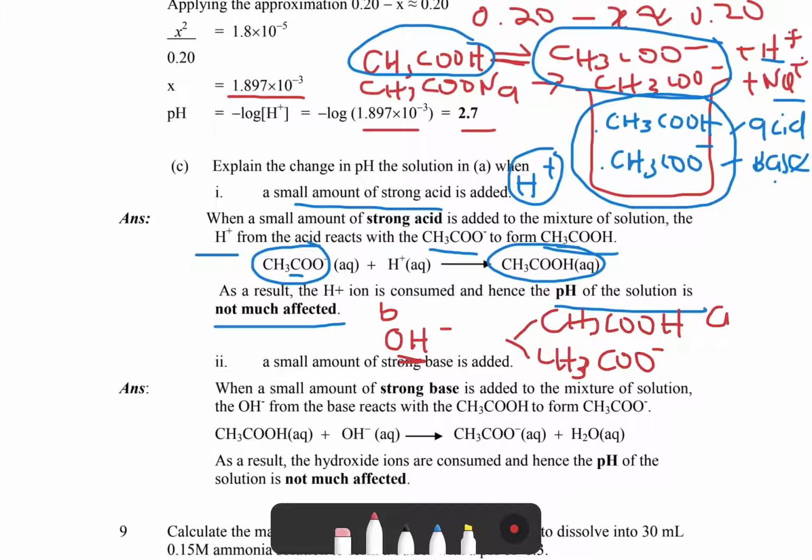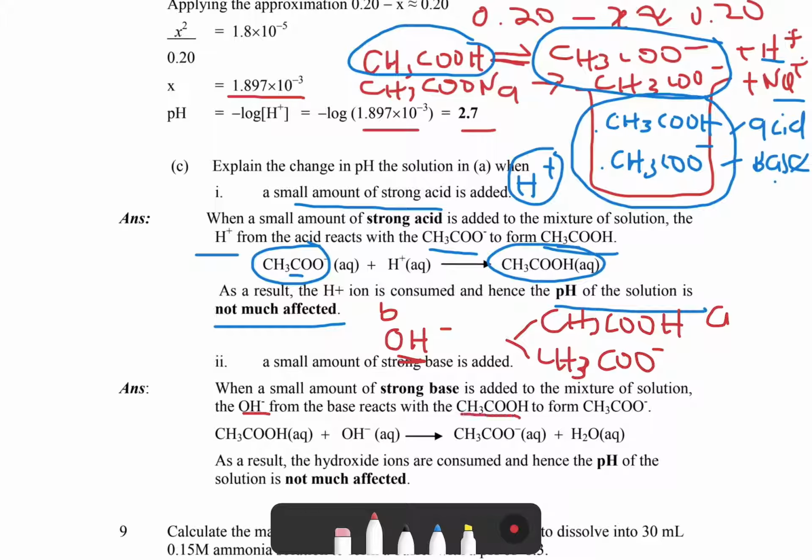So when a small amount of strong base is added, the OH- from the base will react with CH3COOH to form CH3COO negative. So actually in buffer solutions, yang akan naik atau turun concentration dia adalah the acid and the conjugate base.